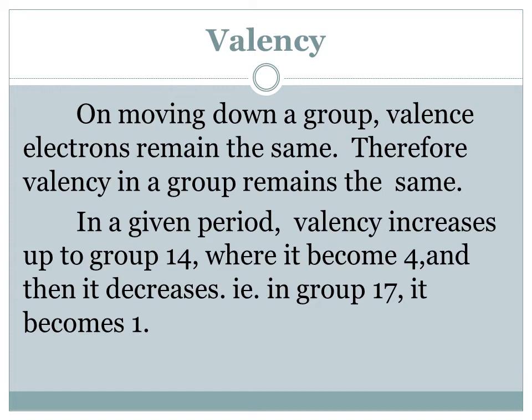Valency depends on the number of electrons in the outermost shell, that is the valence shell. If the number of electrons present in the outermost shell is 1, 2, 3 or 4, then their valency is 1, 2, 3 or 4 respectively.